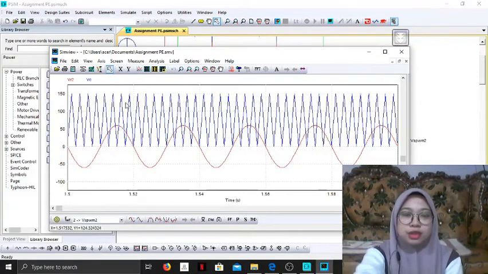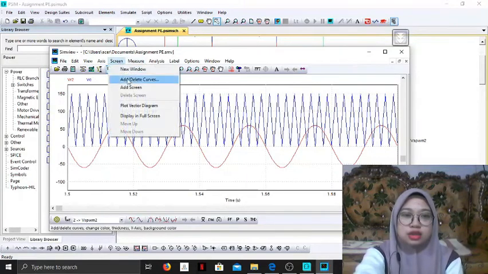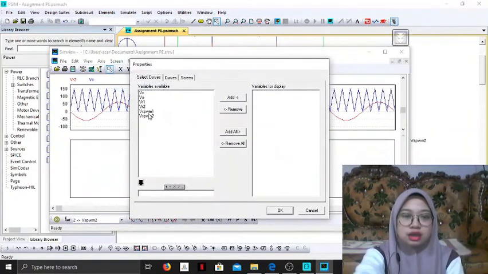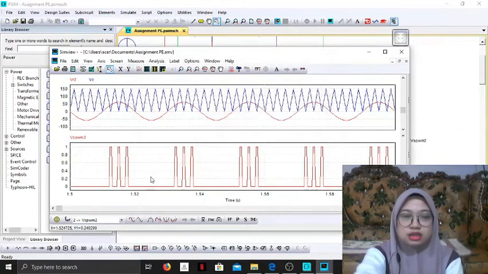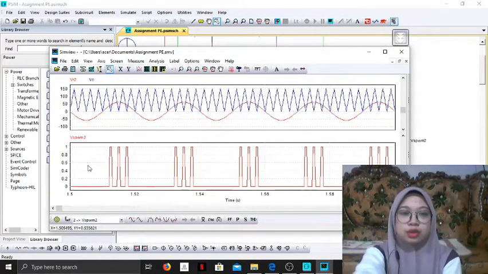To get the PWM signal, PWM2, select Screen, Add Screen, and select BSPWM2. And this is the signal of PWM2. From the switching rules, when VR is lower than VC, the PWM is 0, and when VR is higher than VC, the PWM is 1.